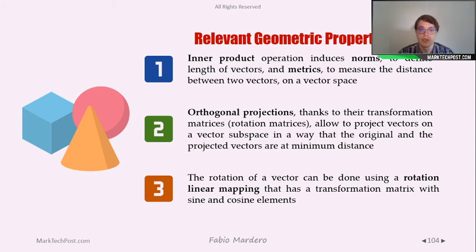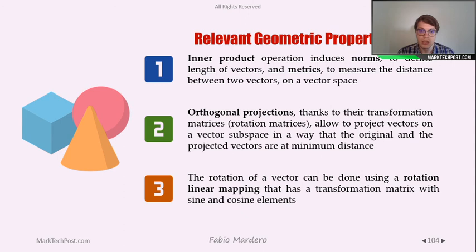We defined, for example, the inner product operation, and we've shown that this operation induces norms in which we define the length of the vector, and induces the metric which we use to measure the distance between two vectors. Also, the inner product allows us to define, for example, angles between vectors.